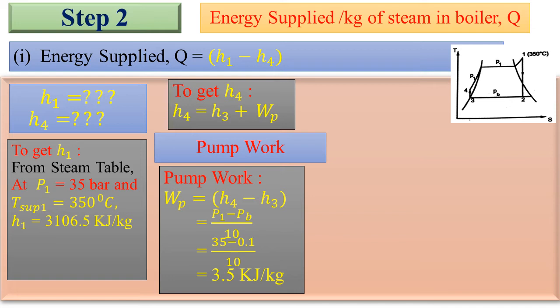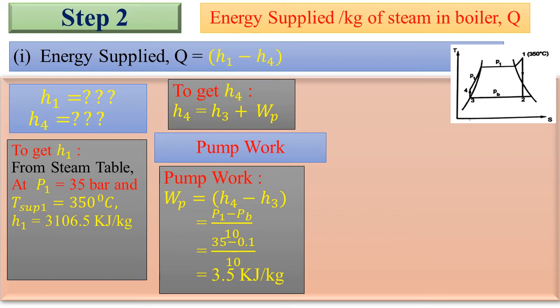From the data it was clear that P1 is 35 bar while condenser pressure is 0.1 bar. So we will substitute values from the data and we get the answer 3.5. Also note that when our pressures are in bar and we divide by 10, the answer we get becomes equivalent to kilojoule per kg.